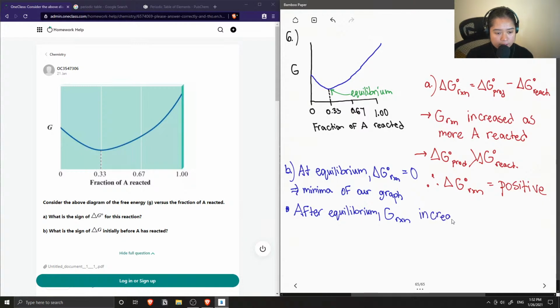So you can see that it shoots straight up as delta G is positive. So this tells us that initially delta G of our reaction is negative.